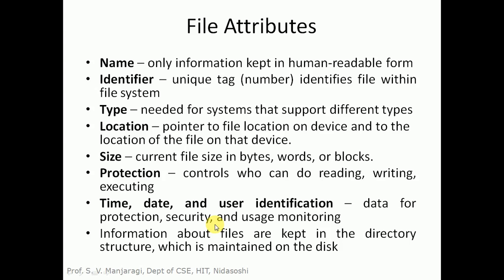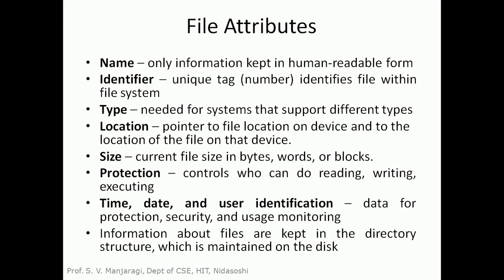Now let us see the different file attributes. A file in the file system will have different attributes. The first one is name. The name is used by the user to identify the file. This is the only information which is in human readable form. Second is the identifier.